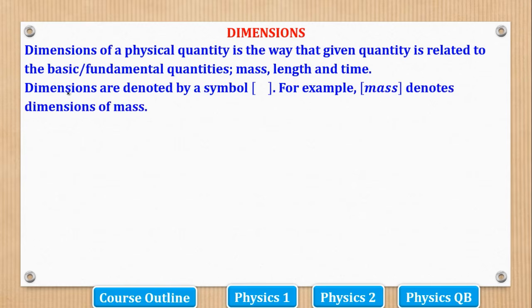The dimensions of any quantity are denoted by a box bracket. Note that we use only a box bracket. If I put A inside a box bracket, it means I want to get the dimensions of A. Therefore, if I put mass in a box bracket, it means I want to get the dimensions of mass.